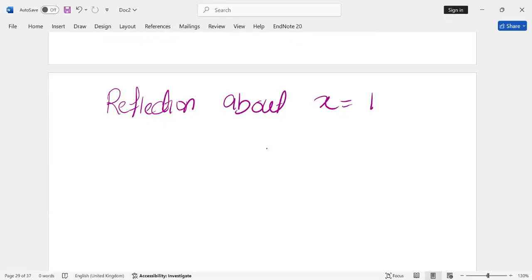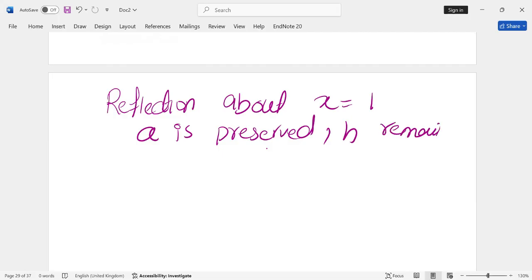So since a is preserved, h remains increasing. Okay. So which contradicts the condition h prime of x is less than 0. So this transformation is not valid.